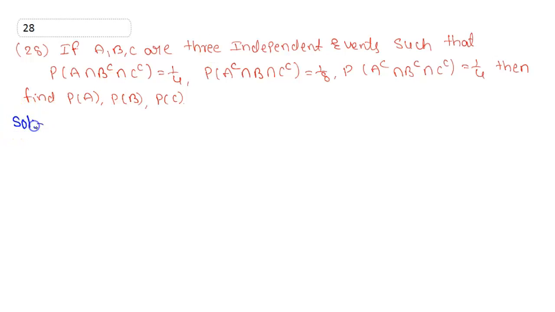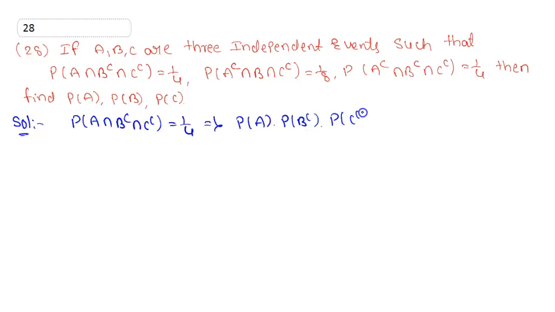In the question he mentioned independent events. Independent events, nothing but A intersection B can be written as A into B. So here first condition I am taking P of A intersection B complement intersection C complement is equal to 1 by 4. This can be written as, independent events, no? So P of A into P of B complement into P of C complement, that is equal to 1 by 4, which is equation 1.